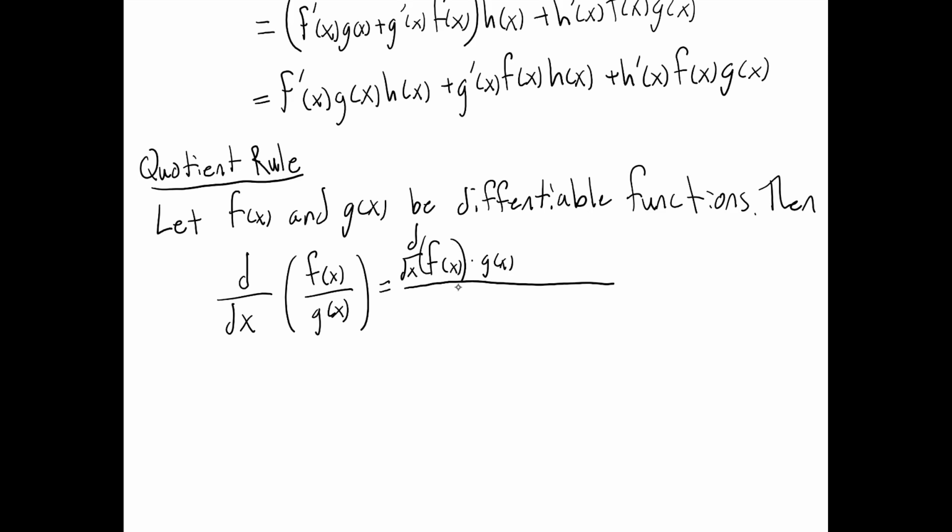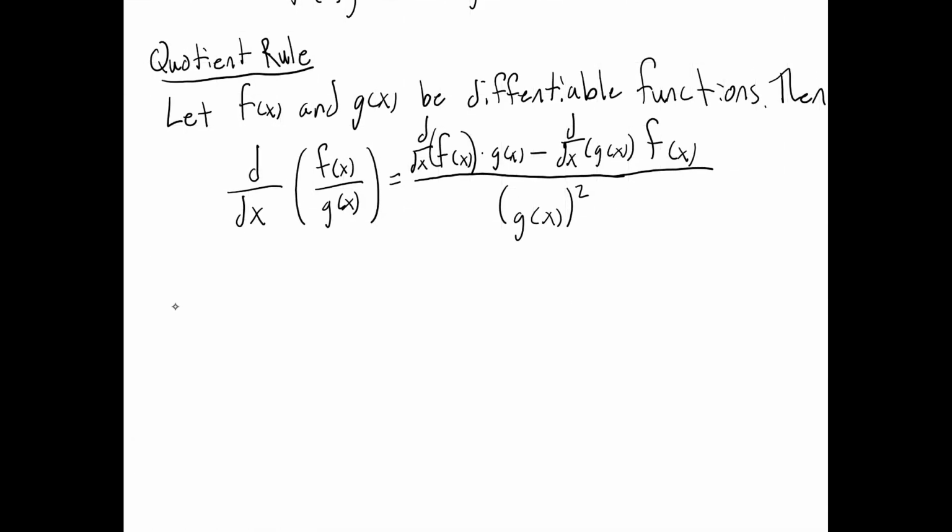I'm going to put parentheses around this f of x to make it really clear. But then minus the derivative of the denominator times the numerator, okay, all over the denominator squared, okay?